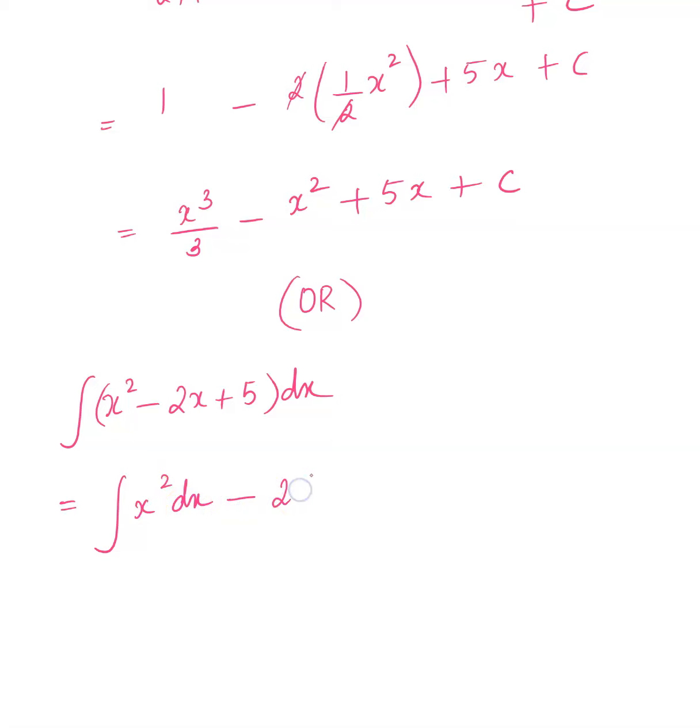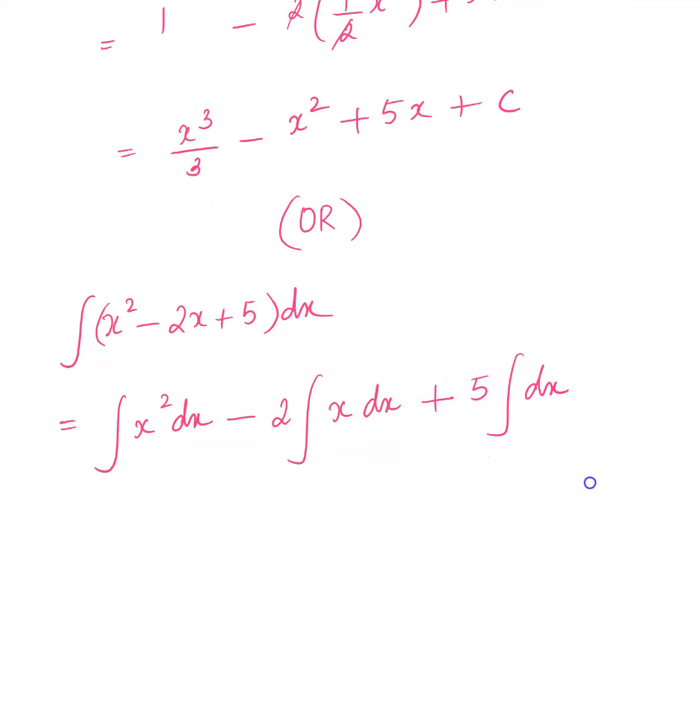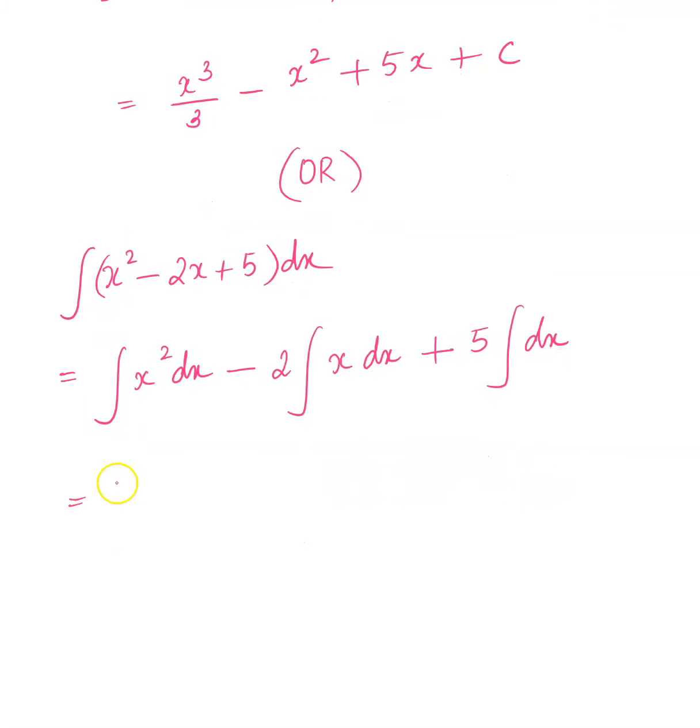Then you can pull out the constants, just like we would do with the derivative. It'll be a whole lot easier where you can just focus on the x and pull out the constants. Plus 5 integral dx. And that again would be x cubed over 3 plus c.